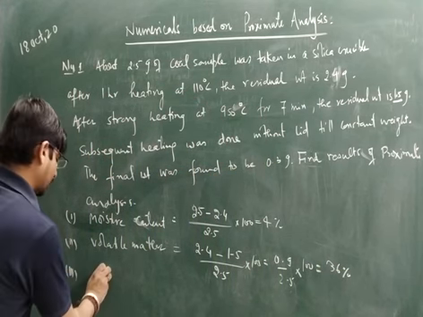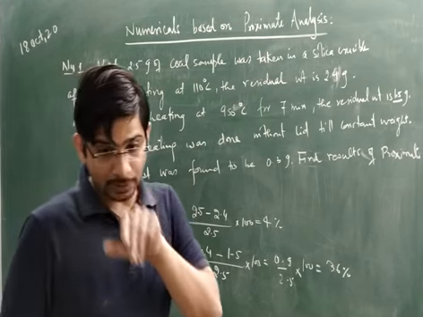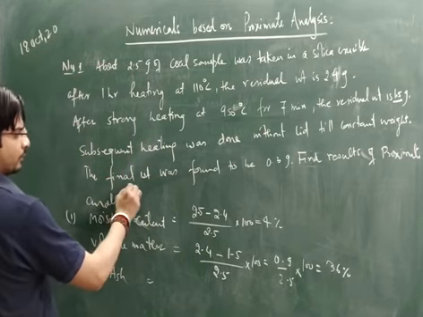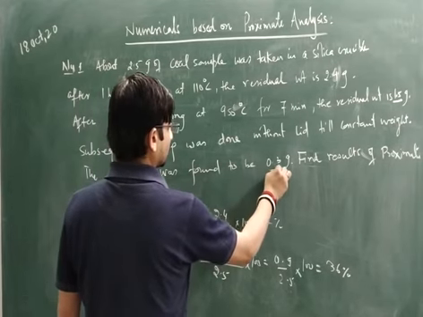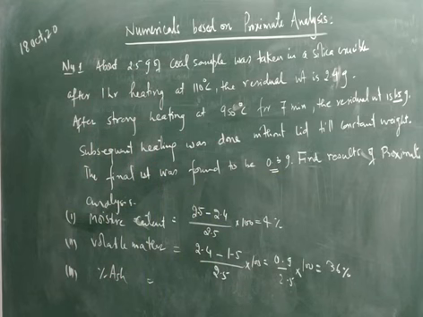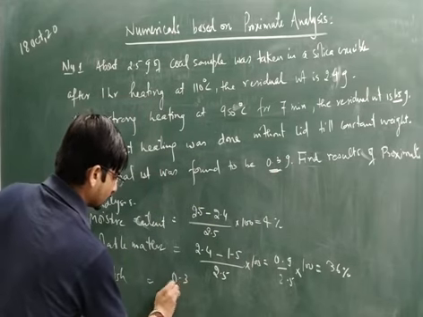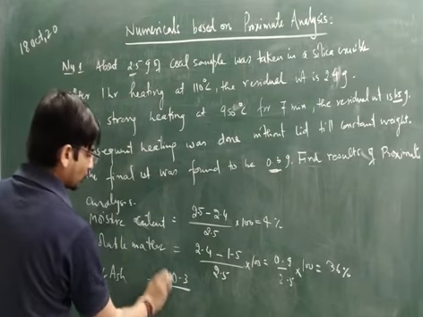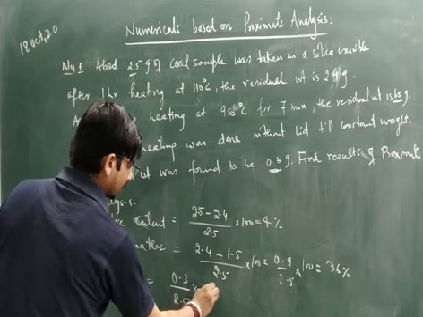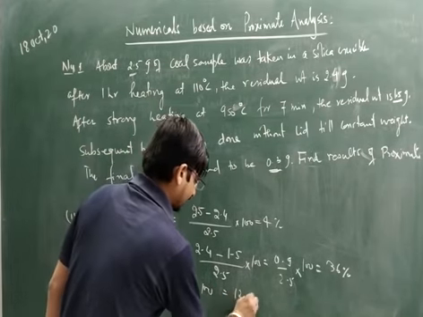Lastly, percentage ash. Now you see, this is the final weight 0.3. That means this is the weight of ash only. So 0.3 and total weight of the coal was 2.5, multiplied by 100, and this value comes out to be 12%.